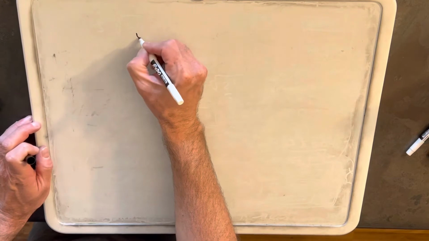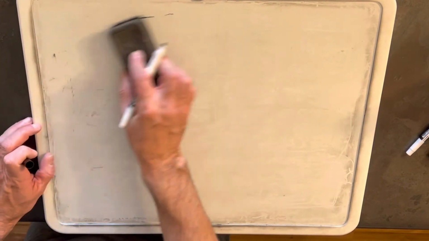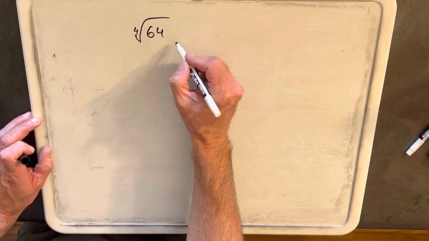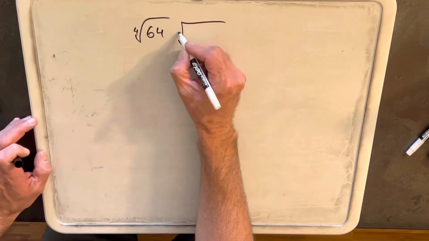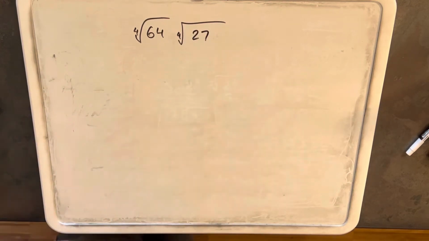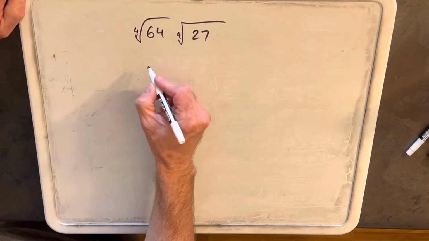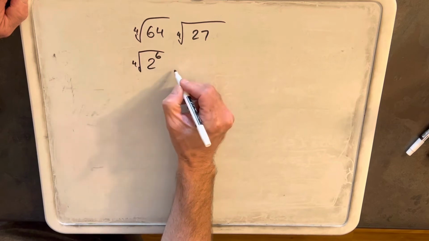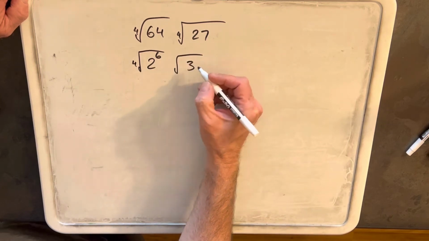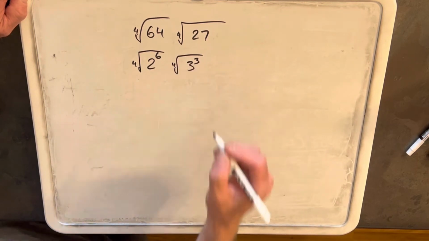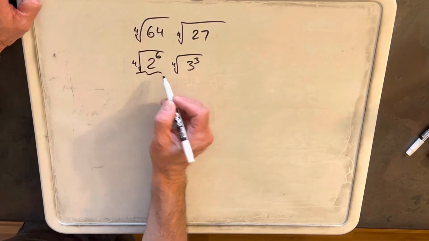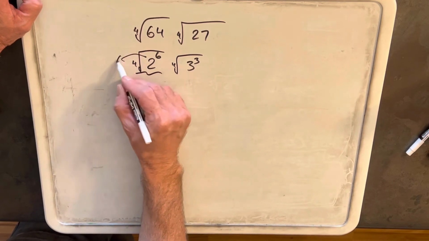Next problem, we have another with the 64 again. We have the 4th root of 64 times the 4th root of 27. Then do something similar. We're going to write this as an exponent, and we'll write 27 as 3 to the 3rd. Now this one, we notice the exponent's greater than the root, so we can take out a 2.